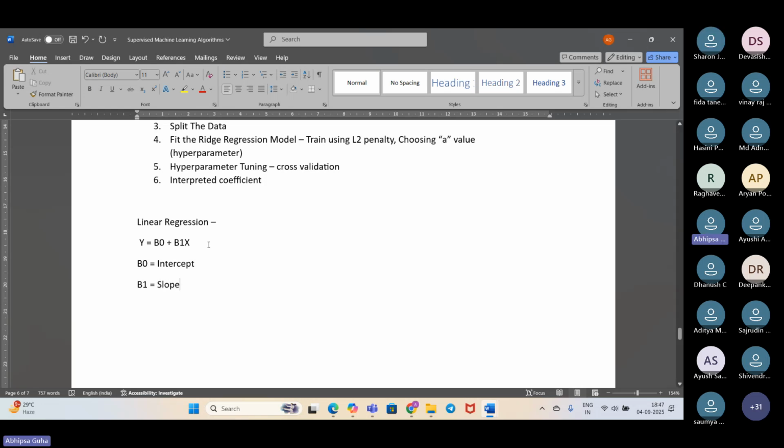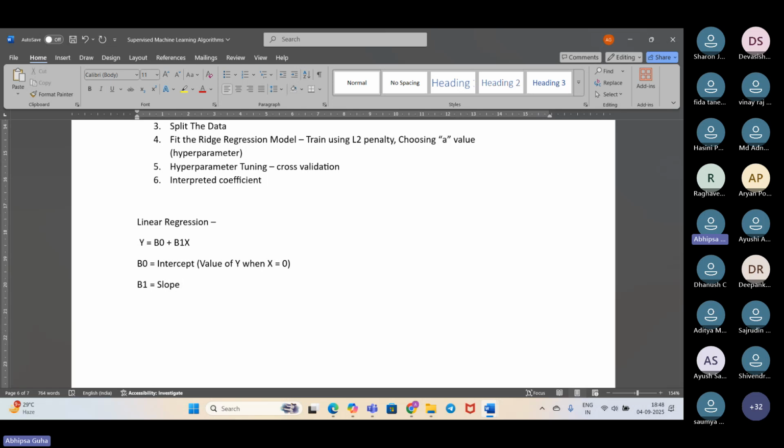Okay, so the intercept is the value of y when the value of x is 0. And the slope says how much y changes when x increases per unit.